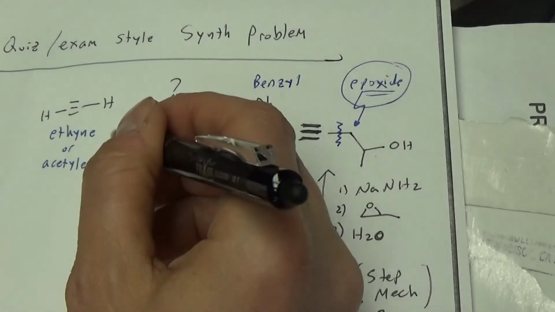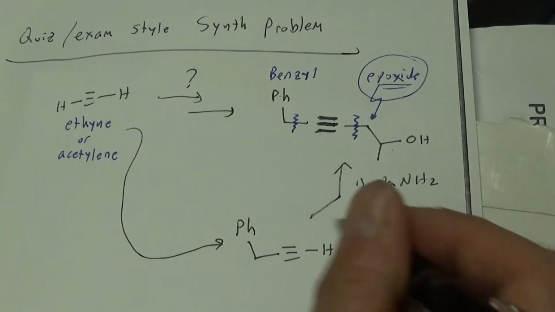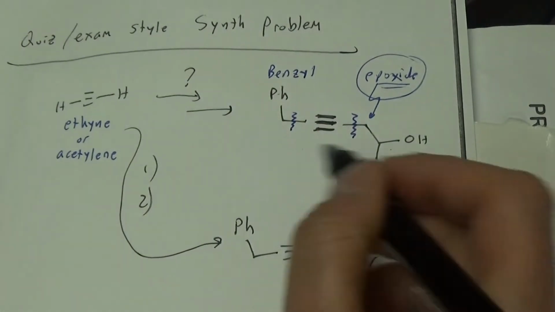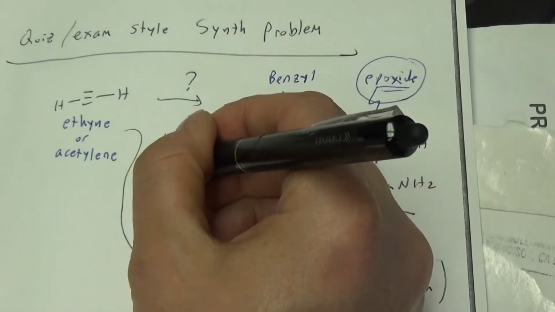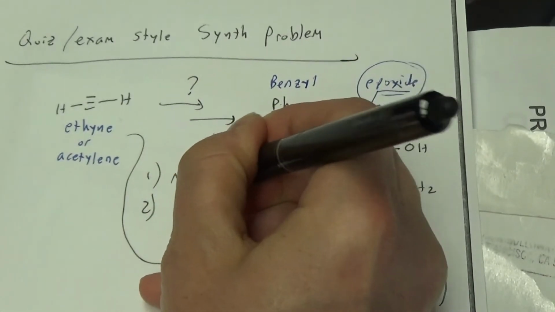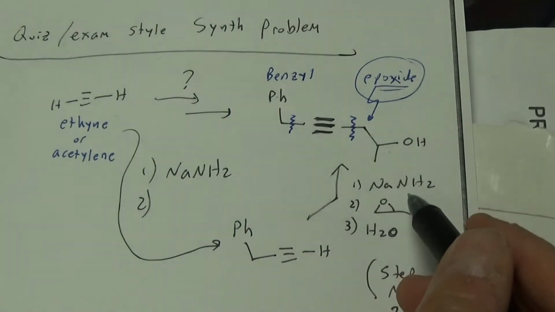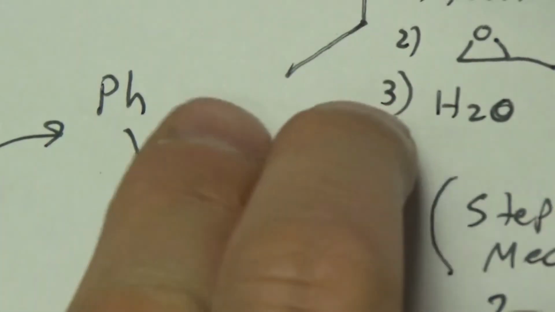Okay. Now this is super easy. How do we do this? Well, this is even easier. It's just 1, 2. Take off a proton. We'll use NH2 again. What's the electrophile? Maybe we'll draw it as another squiggly. There's the squiggly. Cover up everything that's not changing.